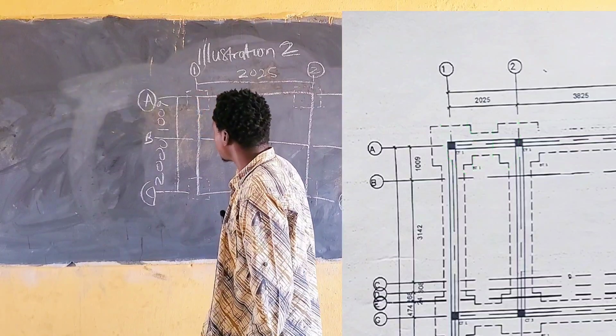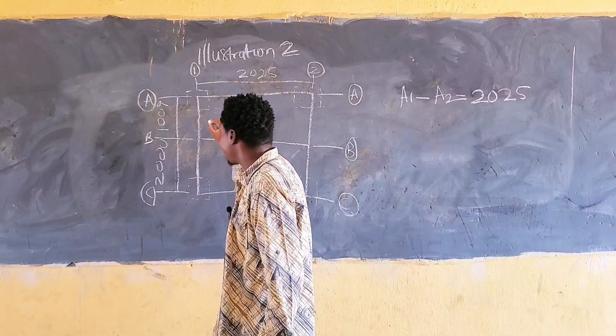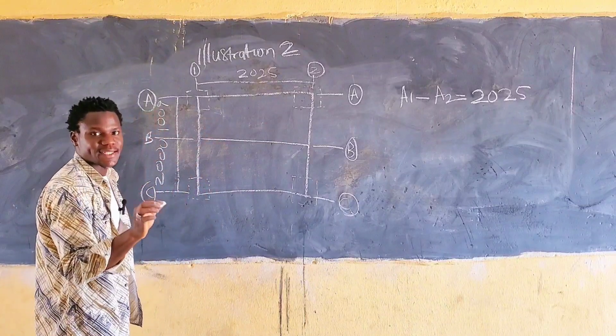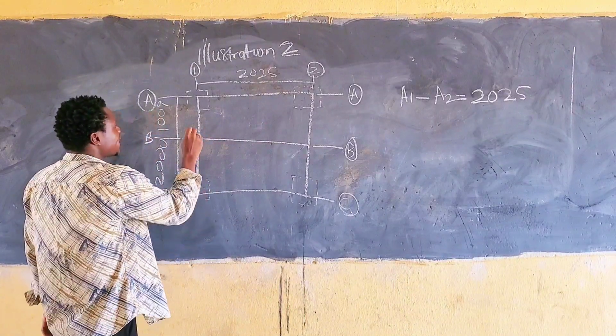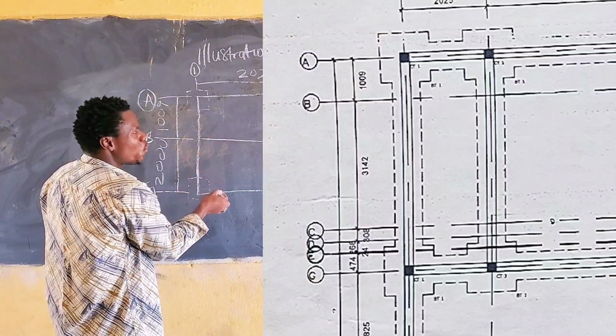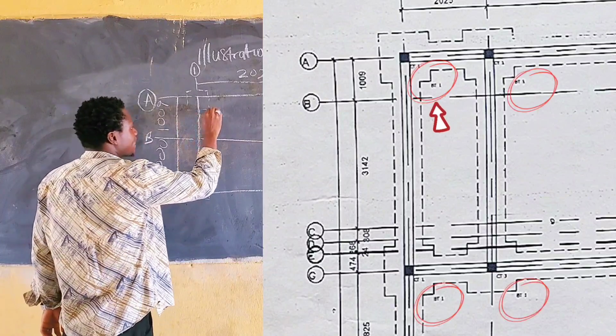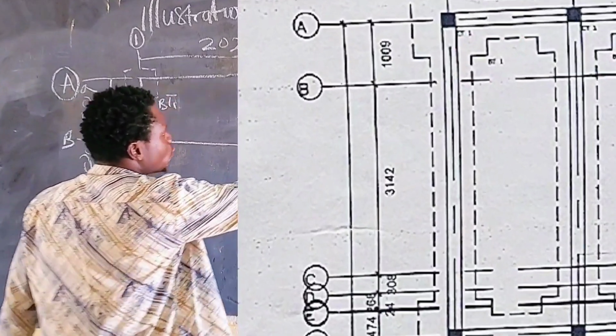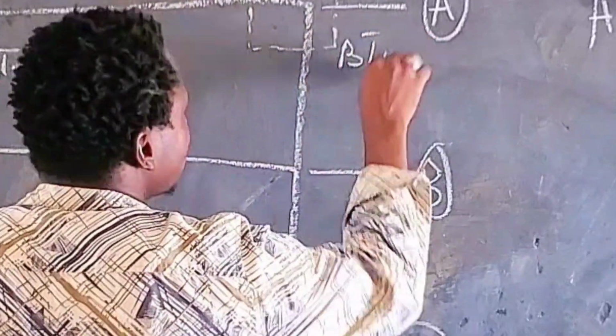So what we'll do is we'll look at the column base at the bottom in the foundation plan, in the foundation layout. They usually indicate what type of column base it is. And let's say this is base type 1, and this is also base type 1.